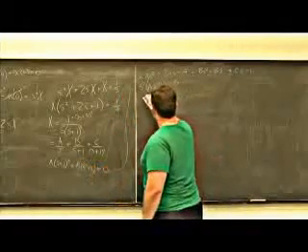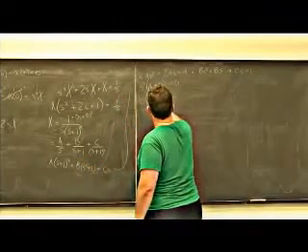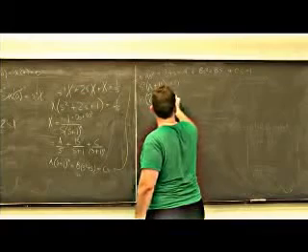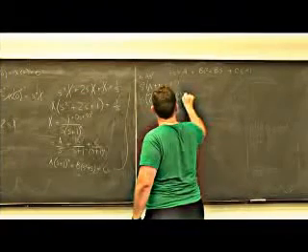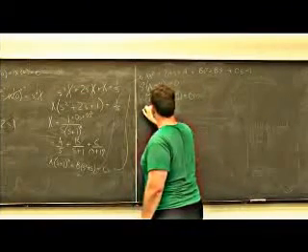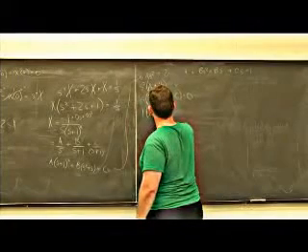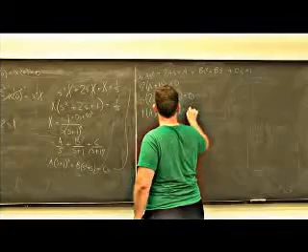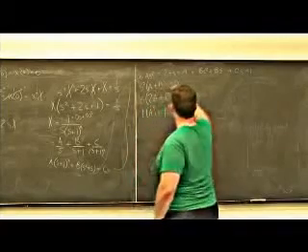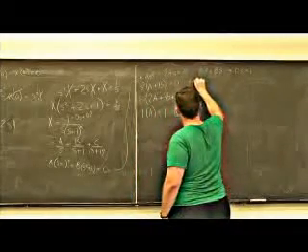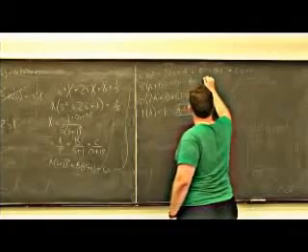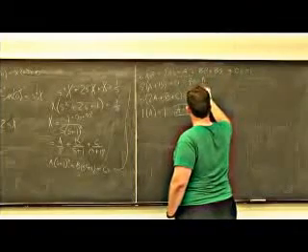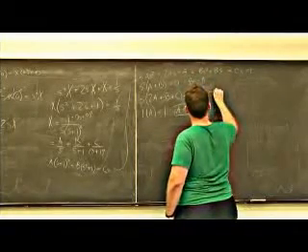Then for s, we have 2A plus B plus C, which is also equal to 0. And then for 1, we have just A. So we know that A automatically is going to be 1. And then from here, we have B is equal to -A. So we know that B is equal to -1.